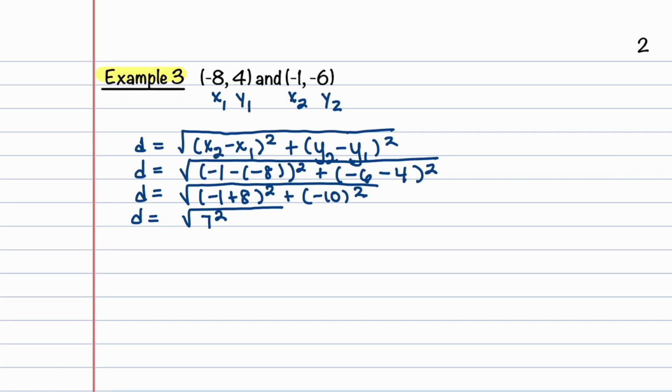And then minus 10 squared is just going to be 100. Our distance is then the square root of 7 squared, which is 49, plus 100 is 149. The distance between our 2 points is then just equal to the square root of 149.